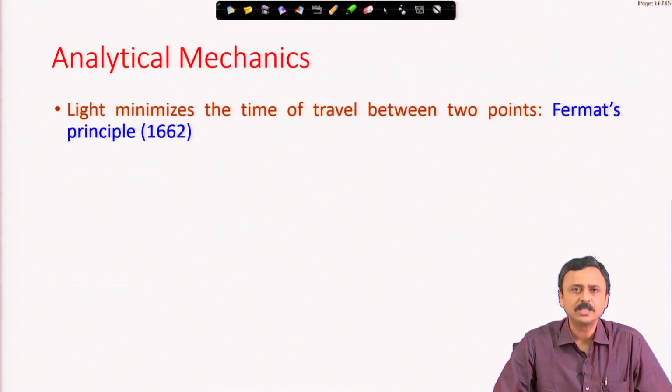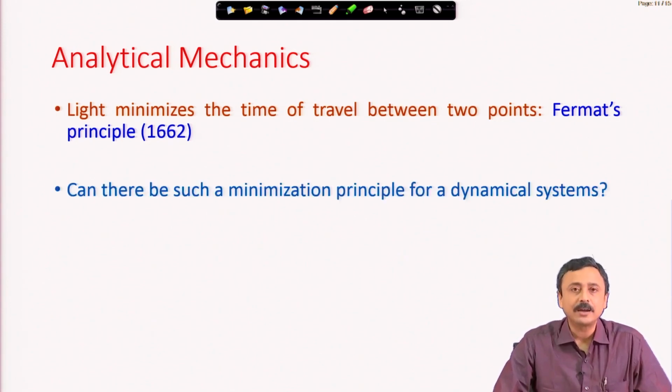It was known since quite long that light minimizes the time it takes to travel from one point to another. This is known as Fermat's principle, and it was known since 1662. The question naturally arises, can there be such a minimization principle for a dynamical system?